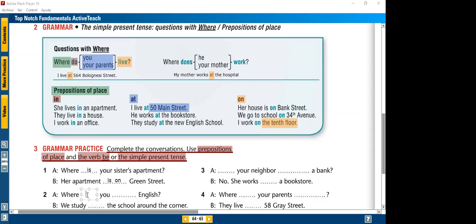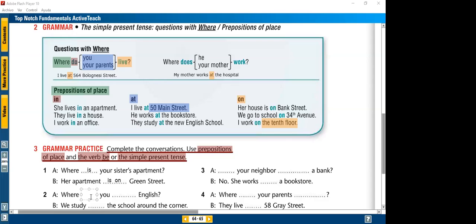Okay, someone else. Si alguien más por ahí desea participar. Where do you study English? Yes, that's right.